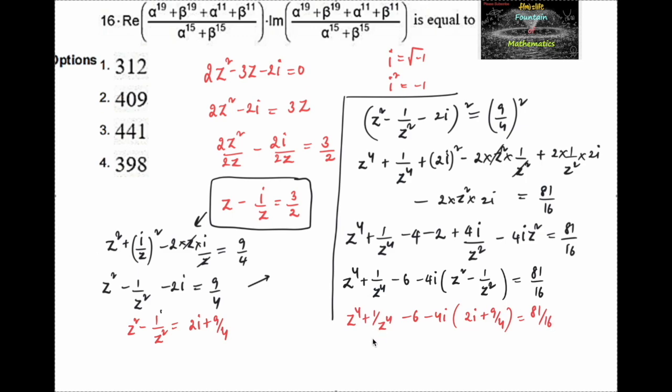So on simplifying, we'll get z power 4 plus 1 by z power 4 minus 6 minus 4 2s are 8, i square is minus 1, so plus 8 and again minus 9i is equal to 81 by 16.